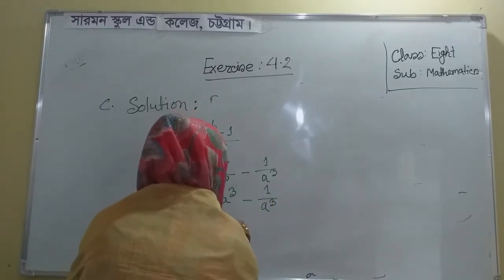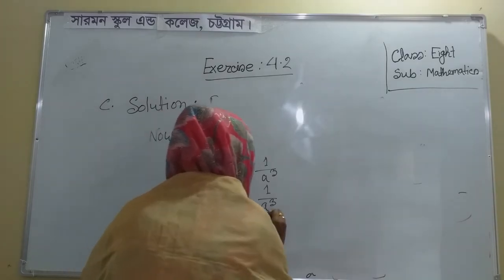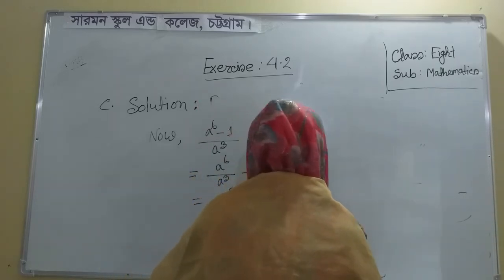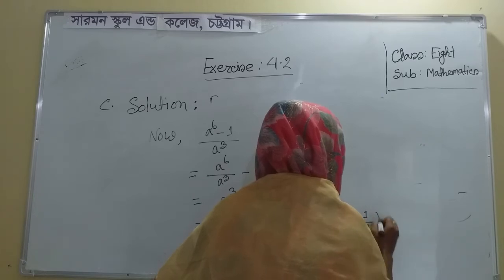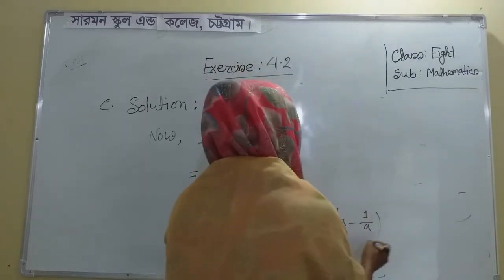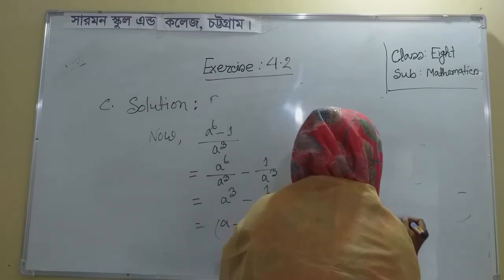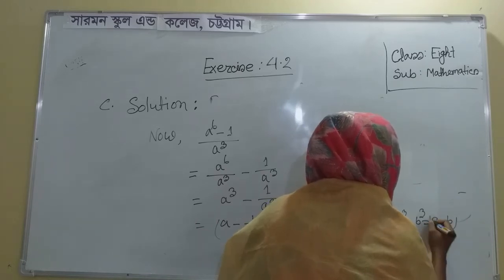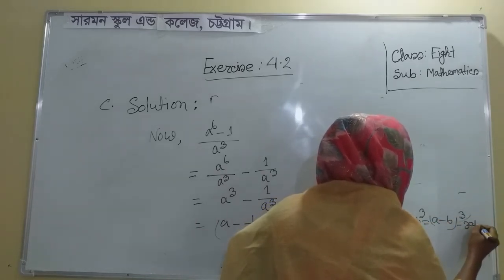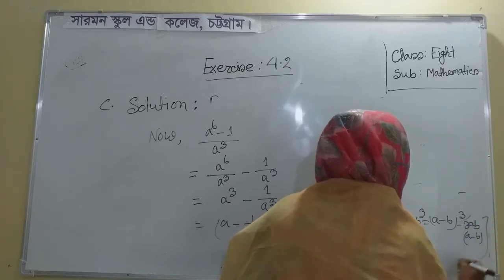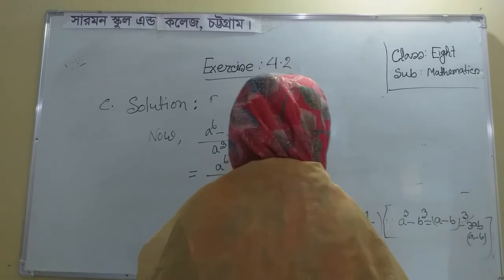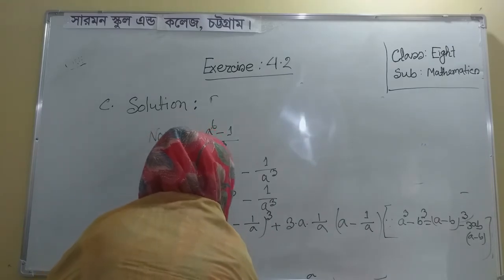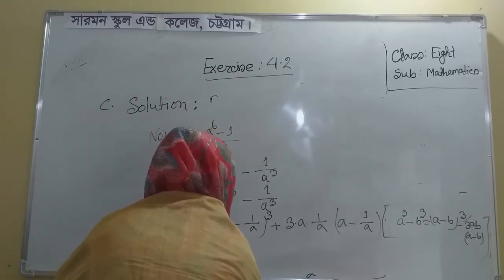Now here we can apply the formula. Now we put the value of a minus 1 by a, that means root 5.